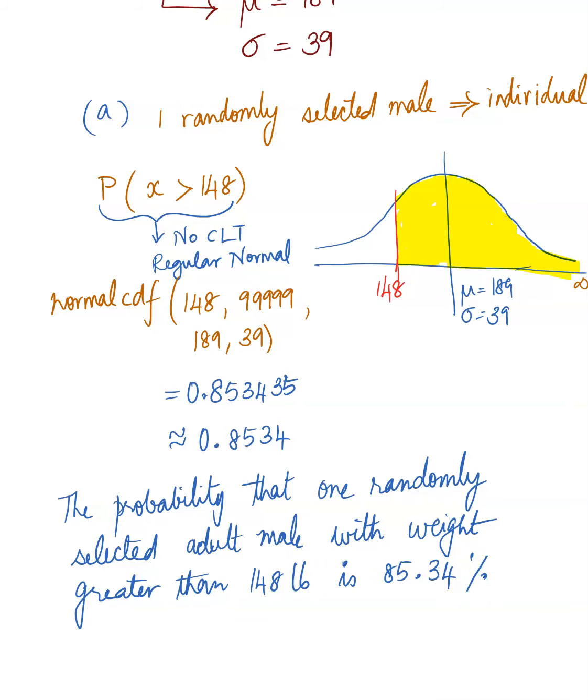So there's an 85.34% chance that one male adult that you randomly select will have a weight that is more than 148 pounds.